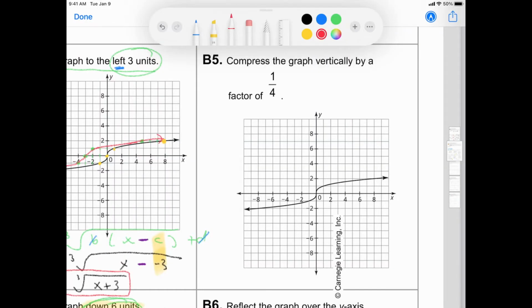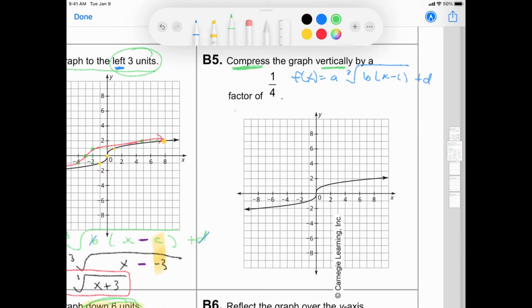All right, B5 tells us to compress the graph vertically by a factor of 1/4. So let me write out the parent. Okay, question, what letter is vertical compression?